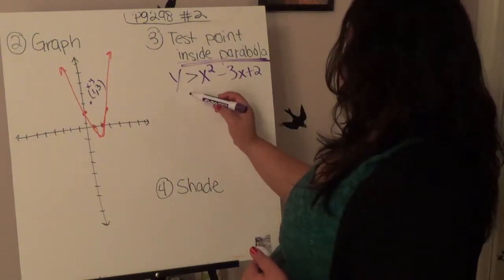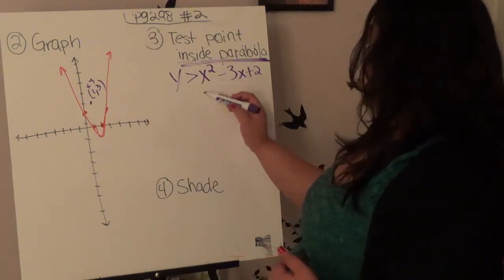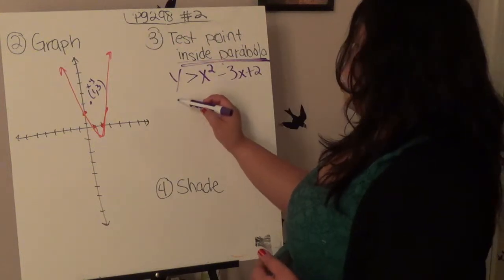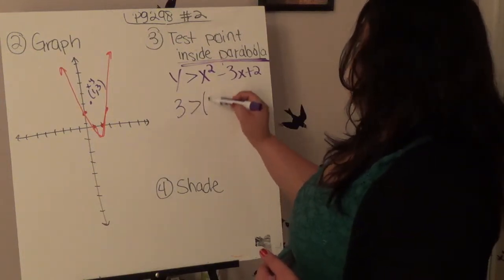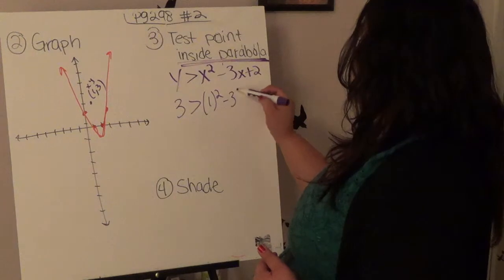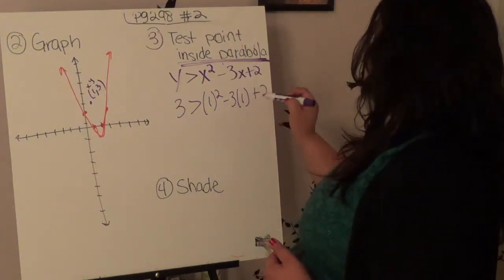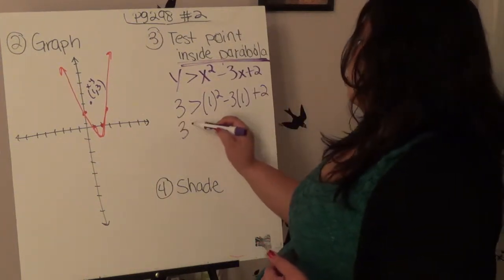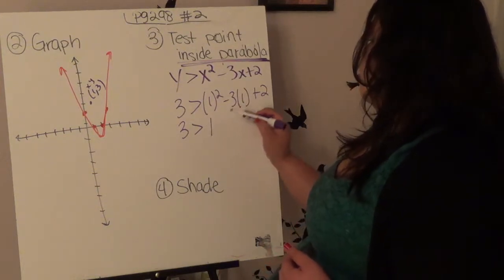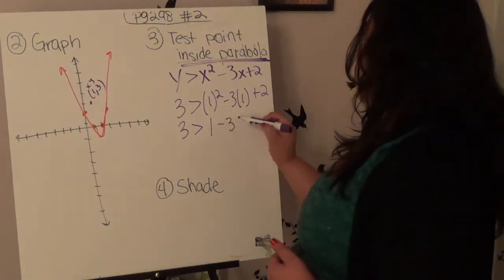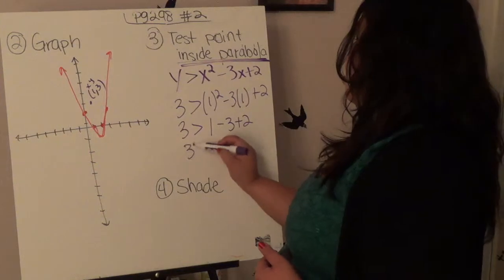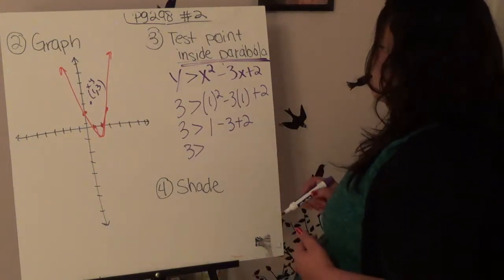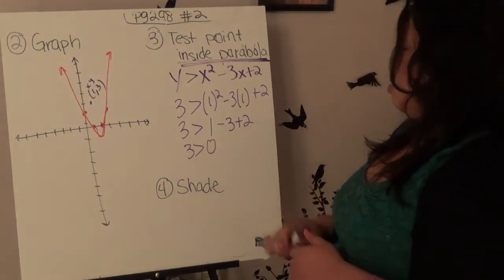Okay, so y is 3, greater than 1 squared minus 3 times 1 plus 2. 1 squared is 1, minus 3 is negative 2, plus 2 is 0.